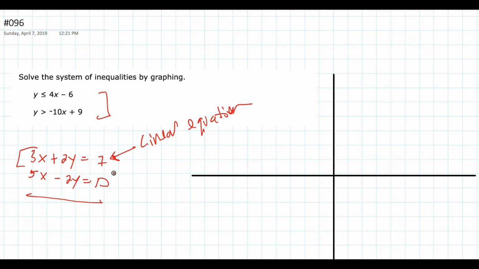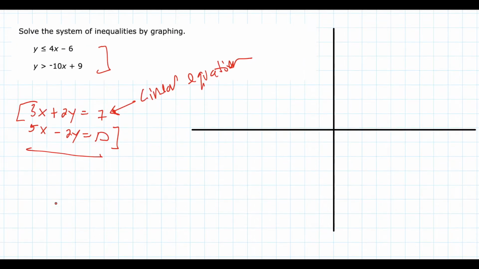This is also a linear equation. When you do elimination, you get an x and a y, and what you're finding is the point of intersection. That coordinate is where one line intersects the other line, the point that they have in common.